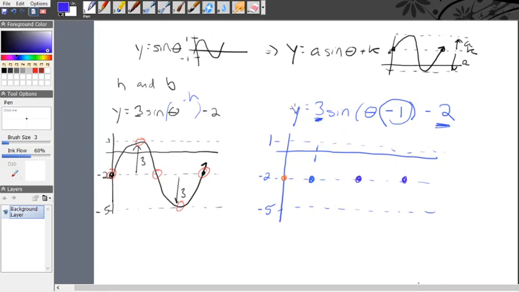So my graph now goes up to the maximum, down to 0, down to the minimum, back up to 0, and then keeps going. If I was looking at this, I know that this is at 0, now that's at 1. Let's say this was at 10. Well, now this is going to be at 11.